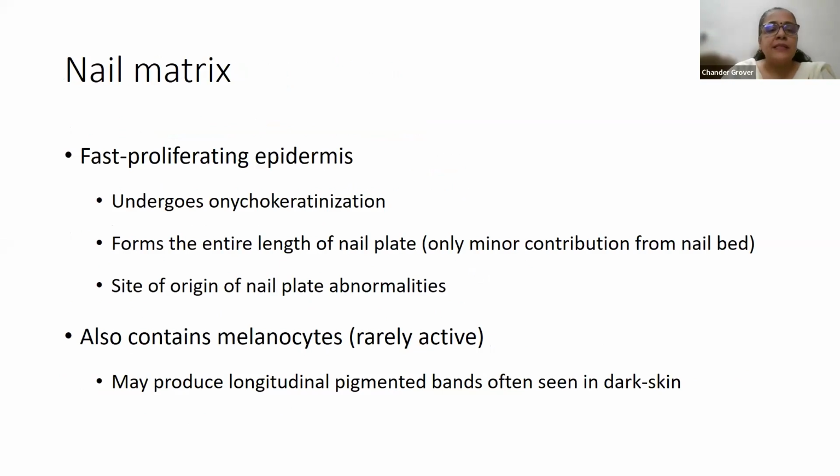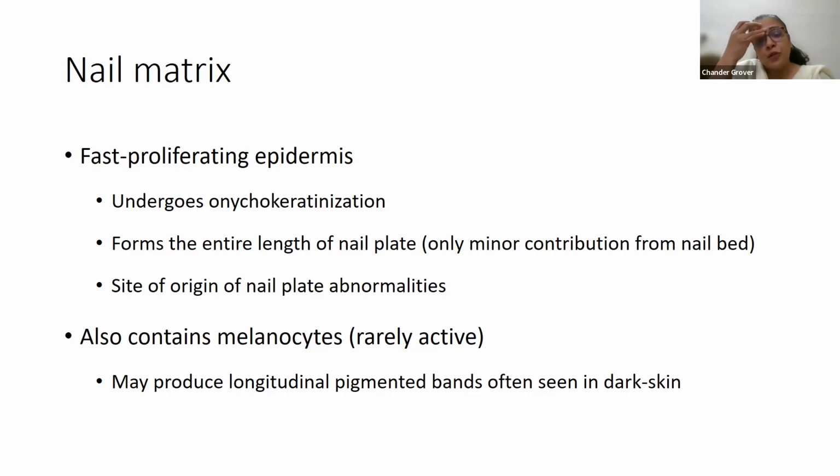The matrix is basically a fast proliferating epidermis, which does not undergo squamous keratinization. It has its own mode of keratinization, the onychokeratinization. This matrix is responsible for the entire length and breadth of the nail plate. The nail plate is contributed to very little by the nail bed. And this is the site of origin of nail plate abnormality.